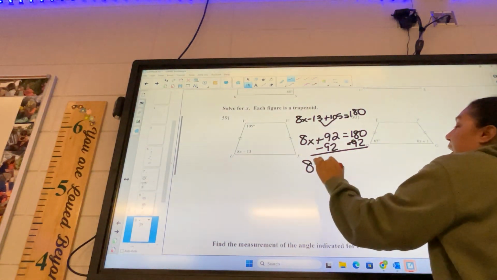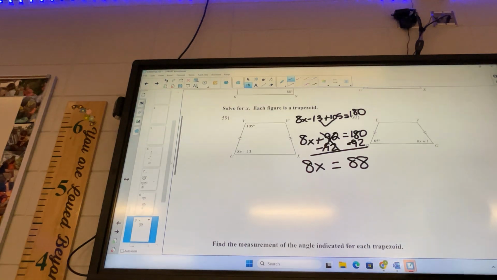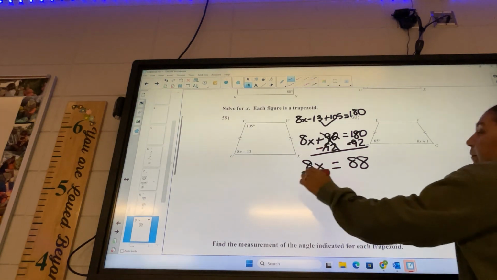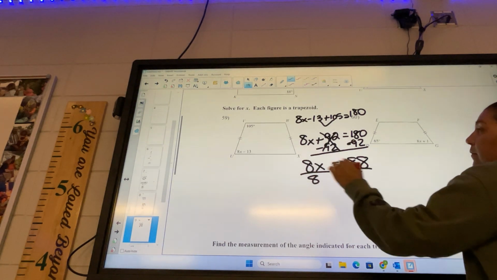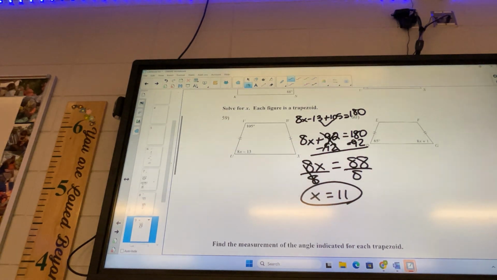And so I get 8x equals 88. Divide by 8. So we get x equals 11.